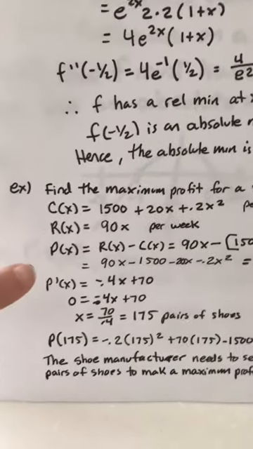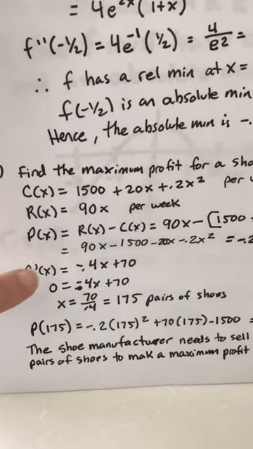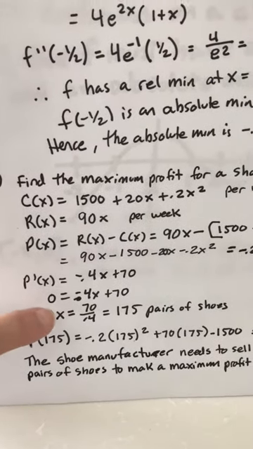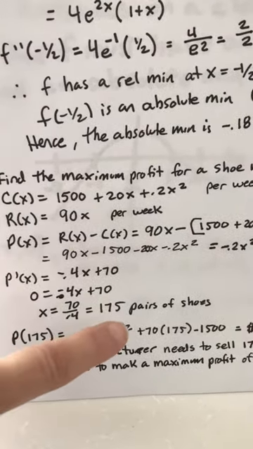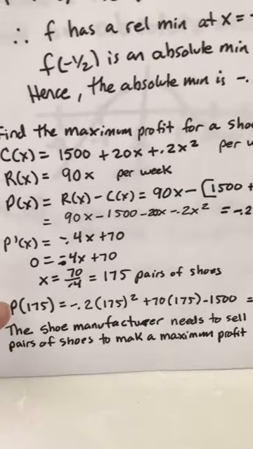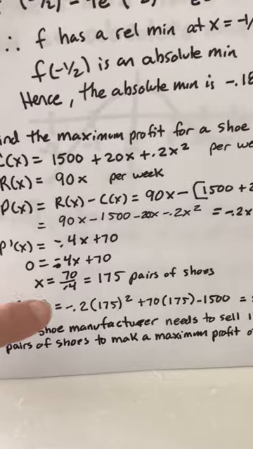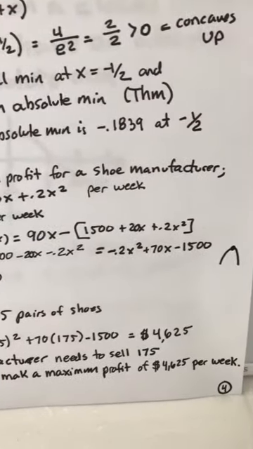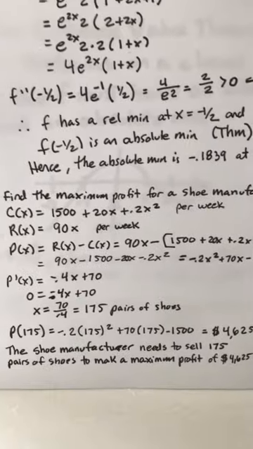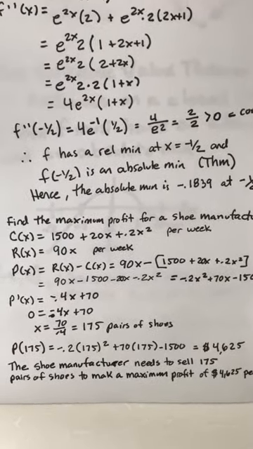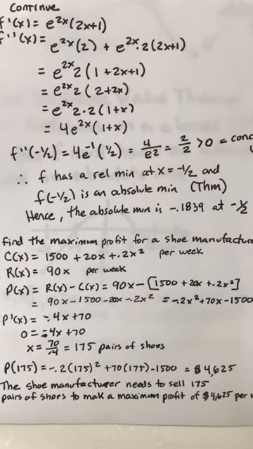So let's take the derivative, set it to 0, and we find that the max is at 175 pairs of shoes. So we input 175 into the profit function, and we end up with $4,625.